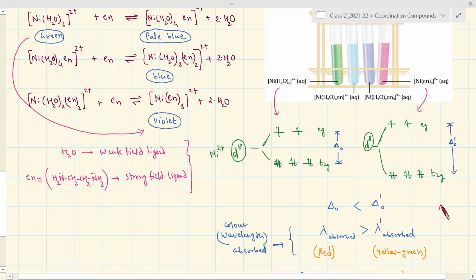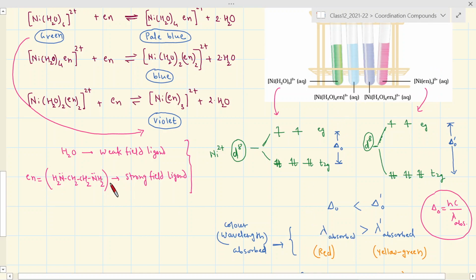And we know that delta O is equal to hc upon lambda absorbed. So the wavelength of absorption of light by the complex compound is inversely proportional to delta O, and therefore we will have a higher wavelength absorbed by the solution of this complex compound, and a relatively lower wavelength absorbed by the solution of this complex compound.